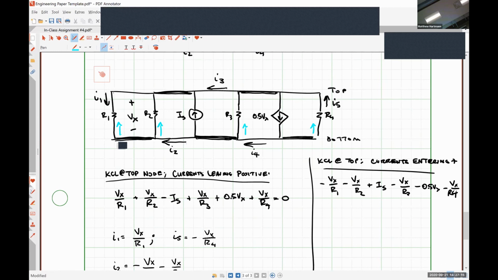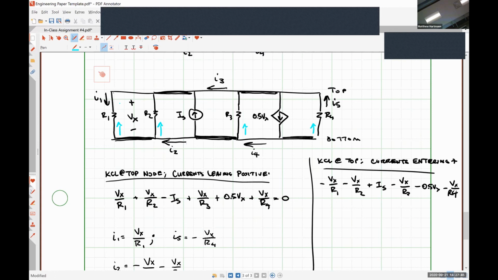So the current flowing up through resistor R1 is negative Vx over R1. Current flowing up through resistor 2 is negative Vx over R2. We have a negative sign anytime the current is flowing into the negative polarity terminal when we're talking about a resistor.